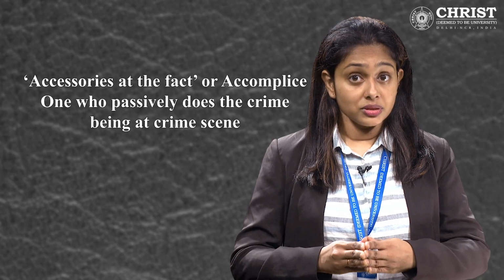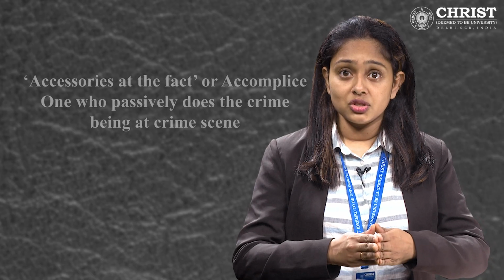Here, both Mr. A and Mr. H equally contributed to the finality of the crime since both were present and aided to make the crime happen equally. So, unlike an accessory before the fact, an accessory at the fact or accomplice carries more culpability.